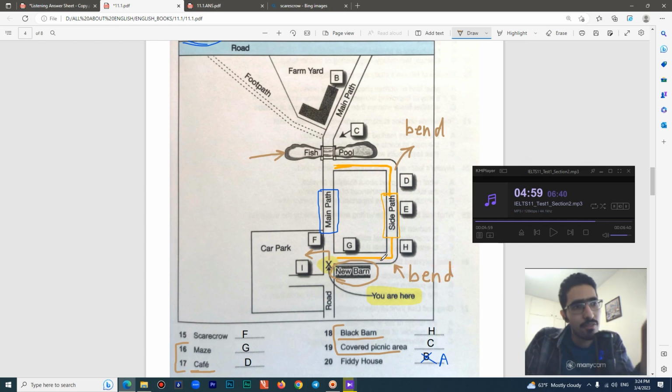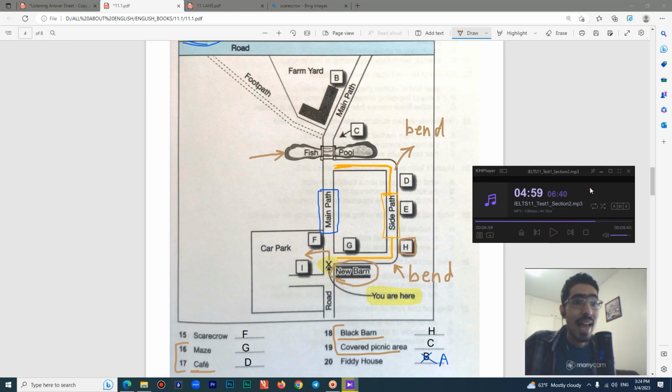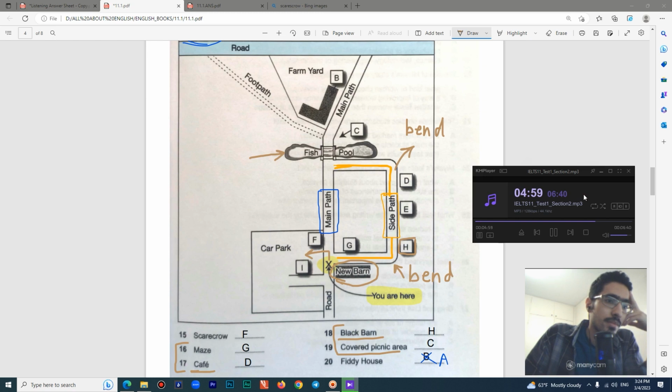The first place that the path bends, it's H. That's where the black barn is.